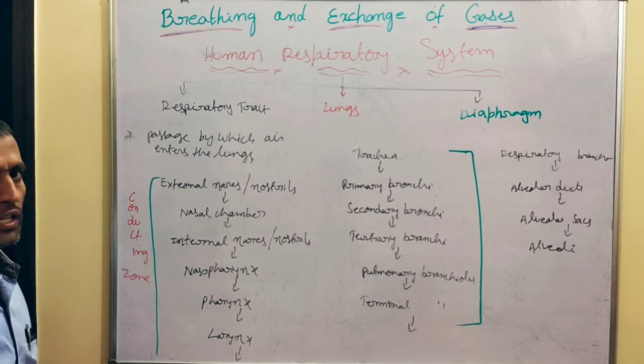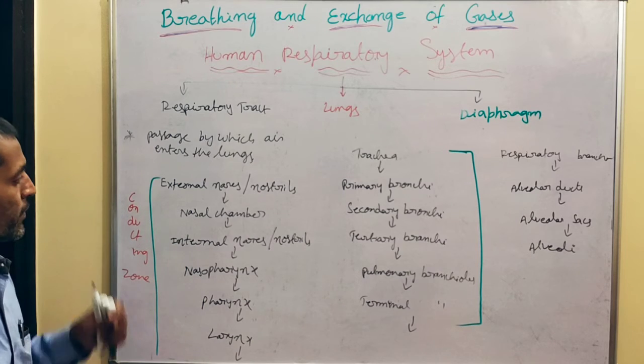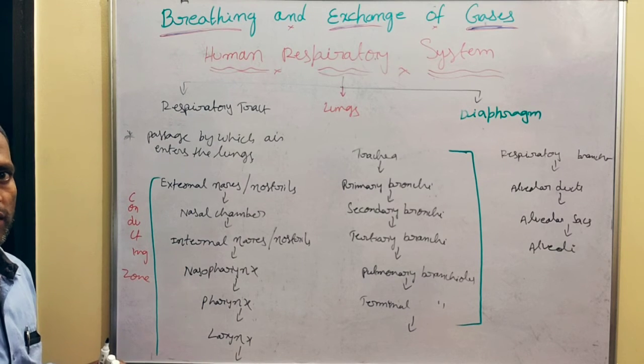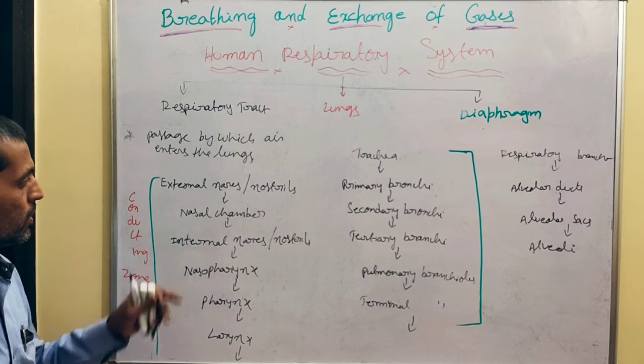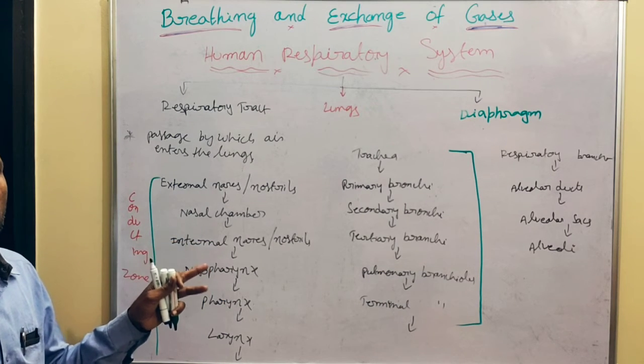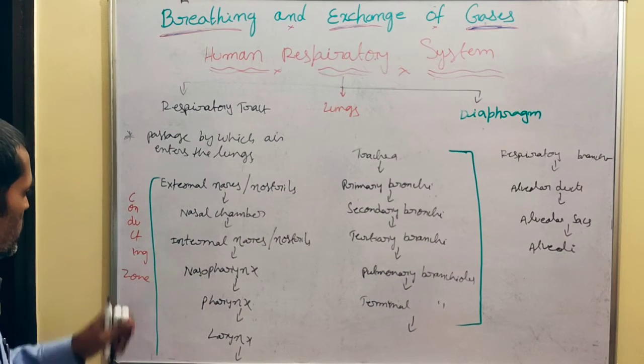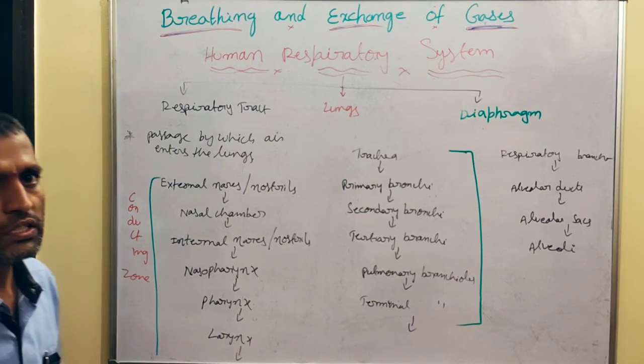The main task of the conducting zone is to receive the atmospheric air, filter the foreign particles, dust particles, and bring the air to the body temperature. It is the functioning of the conducting zone.